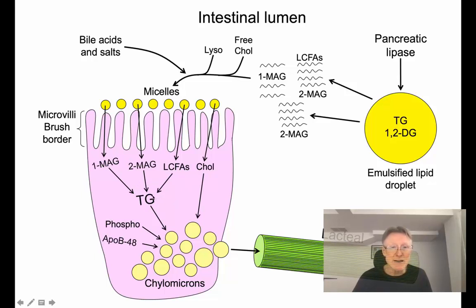Then you add cholesterol, and you also add lysophosphatidic acid or phospholipids, anything that is present there, and you form these particles, not molecules. This is a particle that contains all these different fats assembled, and we call them chylomicrons. So this is what arises inside of your enterocyte.